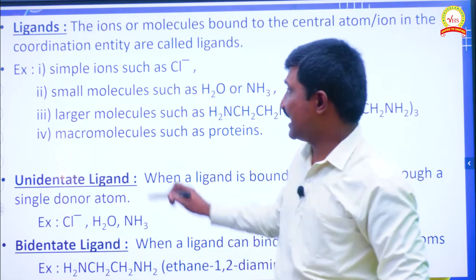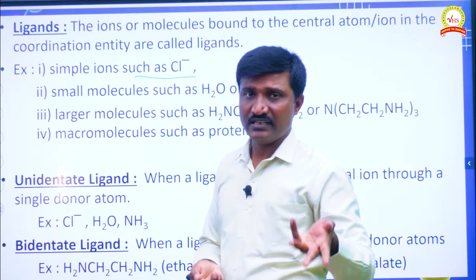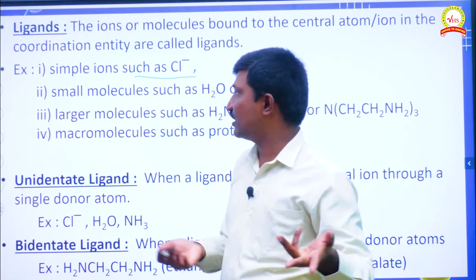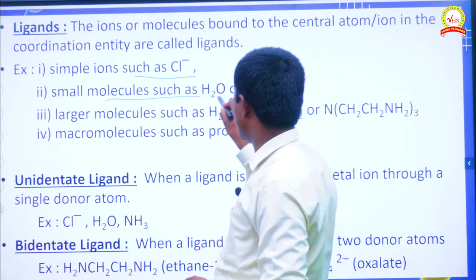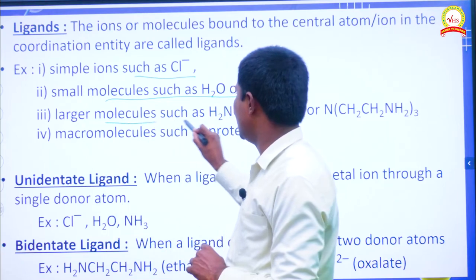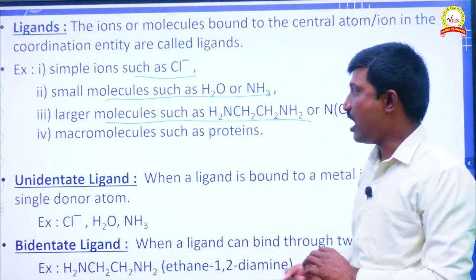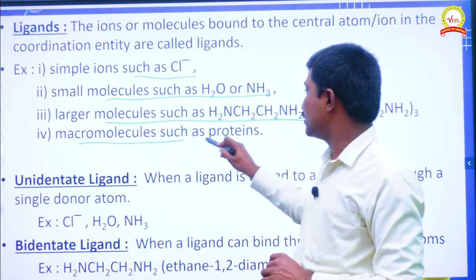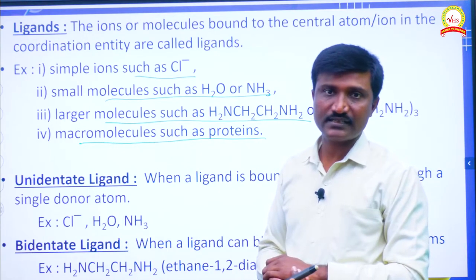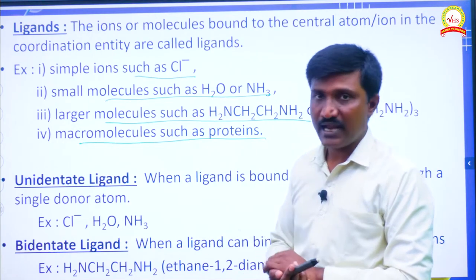Okay, now that ligand may be simple ions like OH⁻ or Cl⁻, that is hydroxide or chloride, or ammonia molecules, or small neutral molecules, or maybe large molecules with higher molecular weight, or macromolecules like proteins or biomolecules. These also act as ligands.